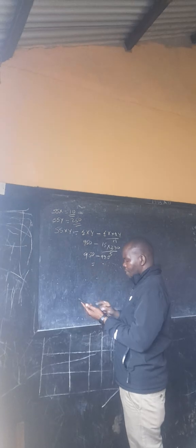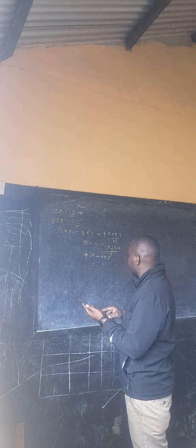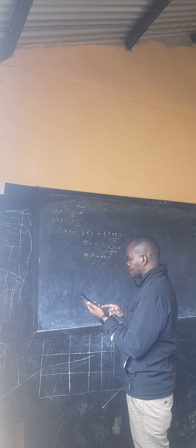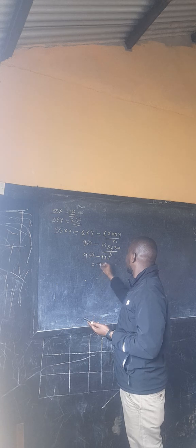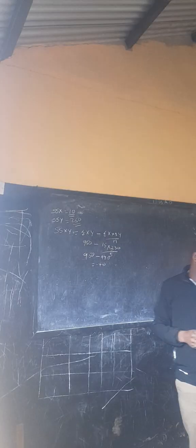So it means it will be 950 minus... sorry, SSXY. We are saying 15 times 330, but it's not 330, it's 300, sorry.